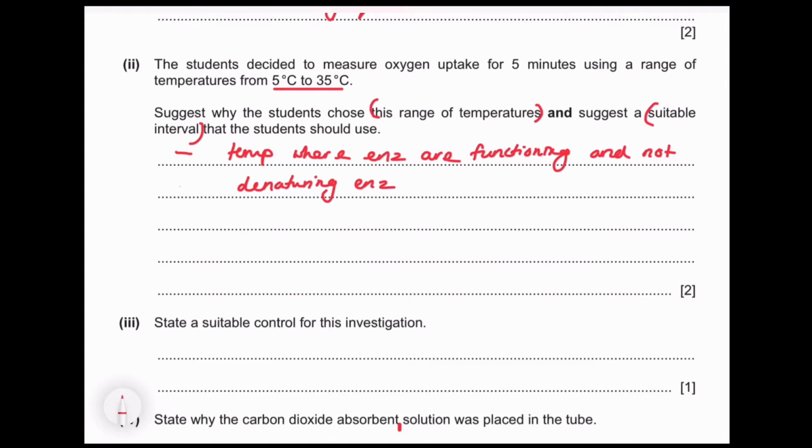And what is a suitable interval? As we know that in independent variable, we need to prepare at least 5. So if starting from 5, to prepare 5 different temperature between 5 degrees to 35 degrees, I would gap a 5 degrees Celsius for each.